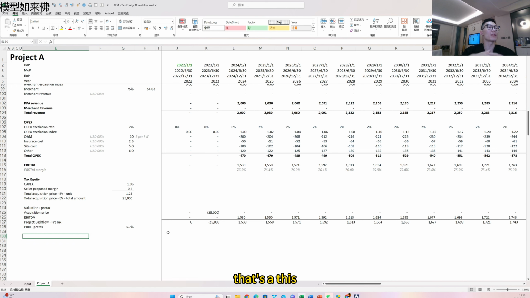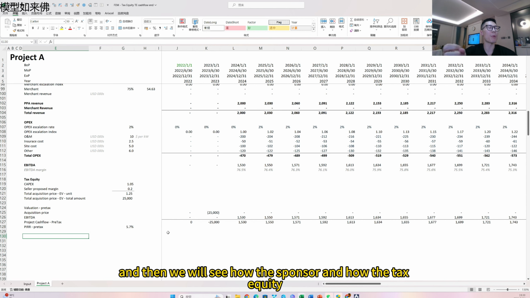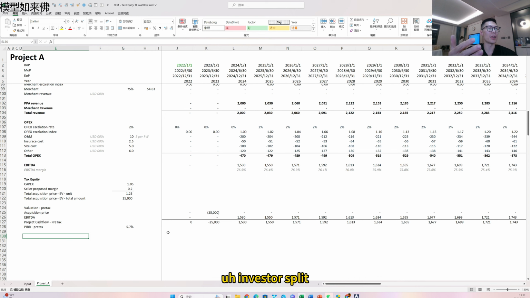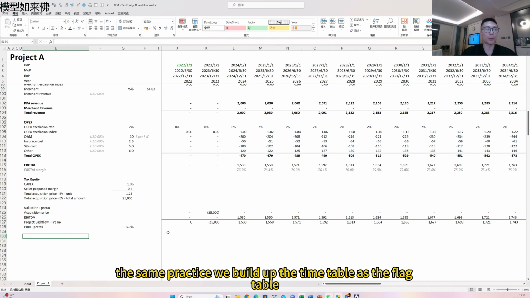So that's a very simple valuation, and then we will see how the sponsor and the tax equity investor split those profit and the cash. And always the same practice, we build up the timetable, the flag table.